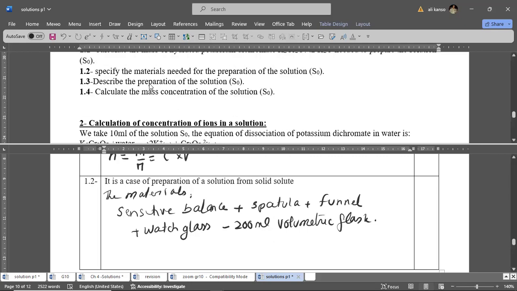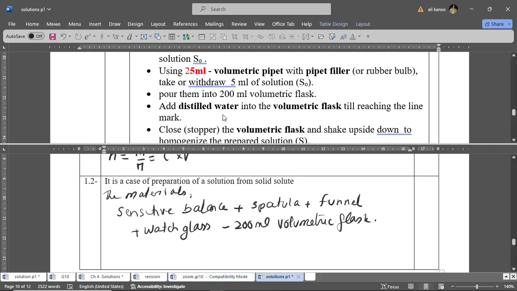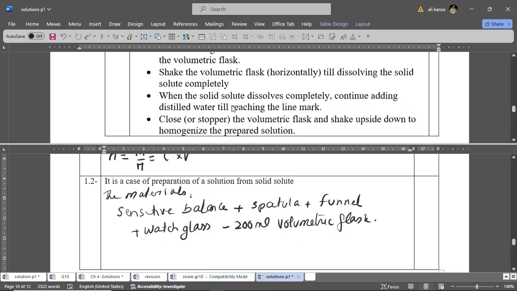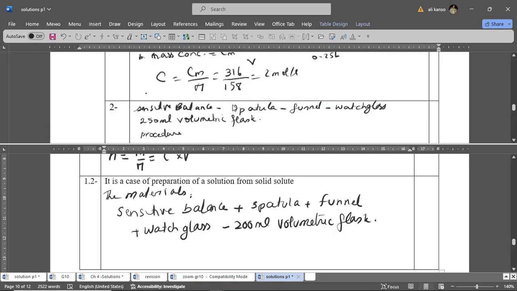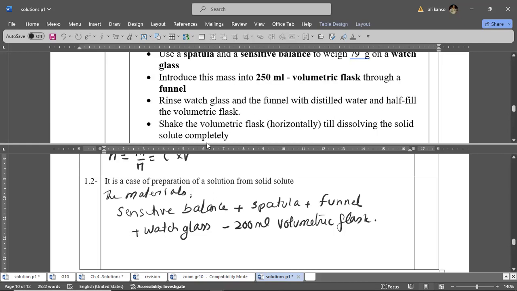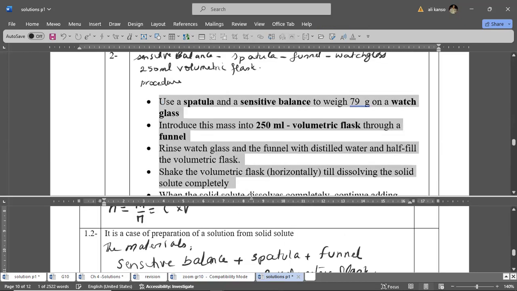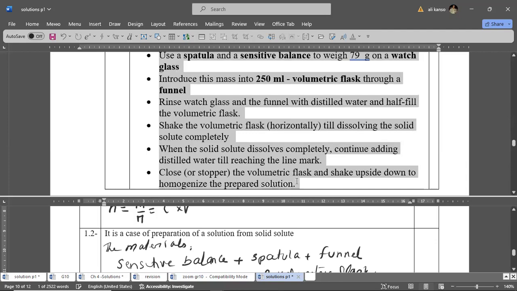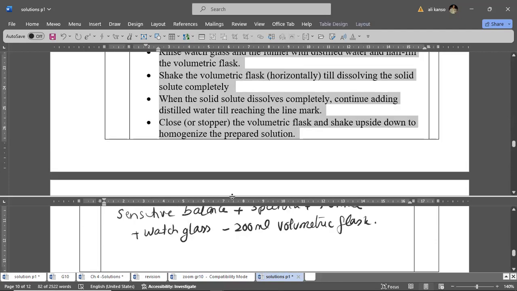Now, describe the preparation. It is the procedure. This is a procedure that we wrote before. We can copy it to read it again.